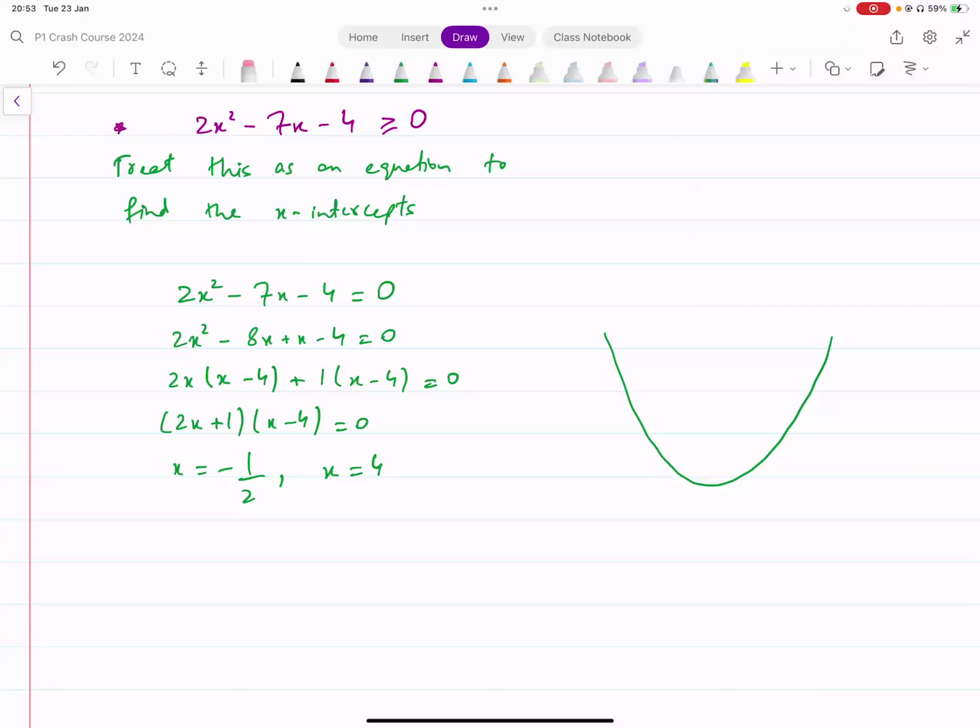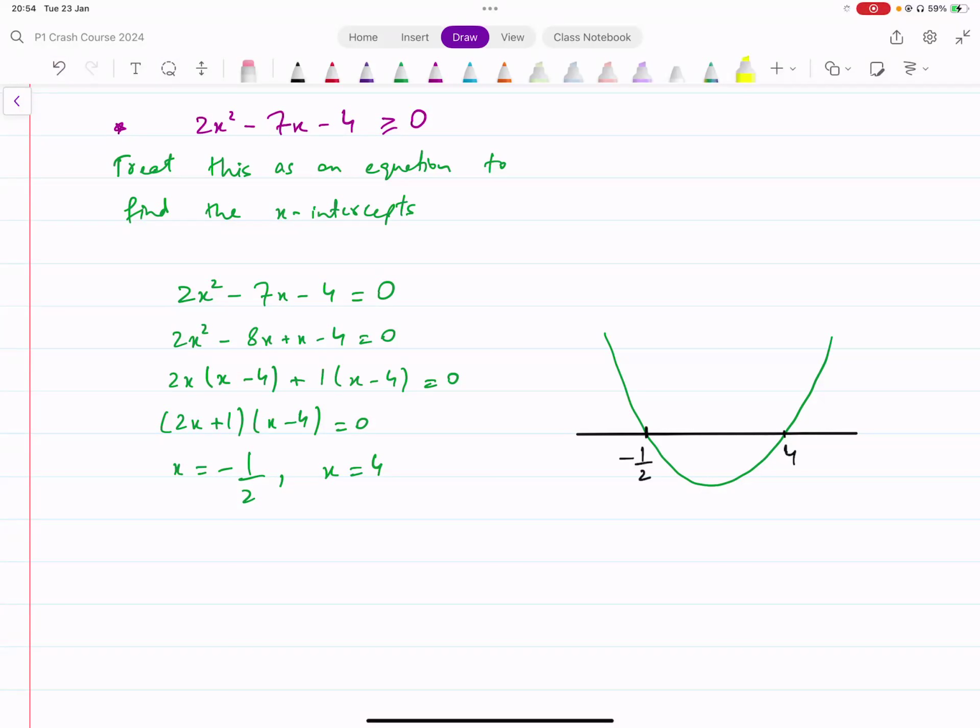What you have found is the x-intercepts. This is one intercept, minus 1 over 2, and the other is 4. We have found these x-intercepts.